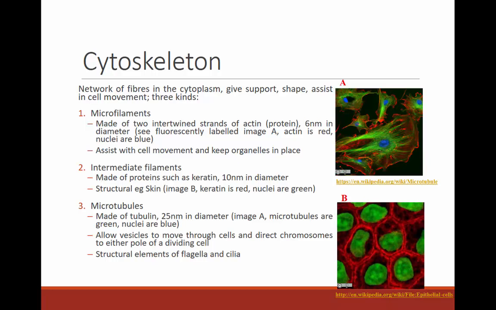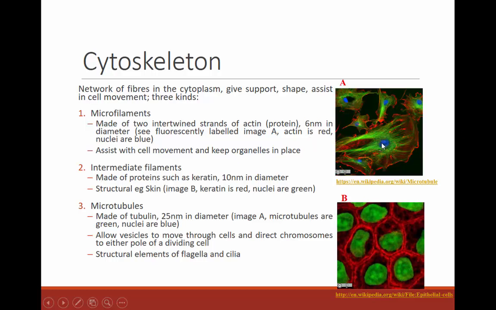You've got the microfilaments. These are the ones that are really quite small, about 6 nanometers in diameter. And you can see in this image A, actin is in red and the nuclei are in blue.